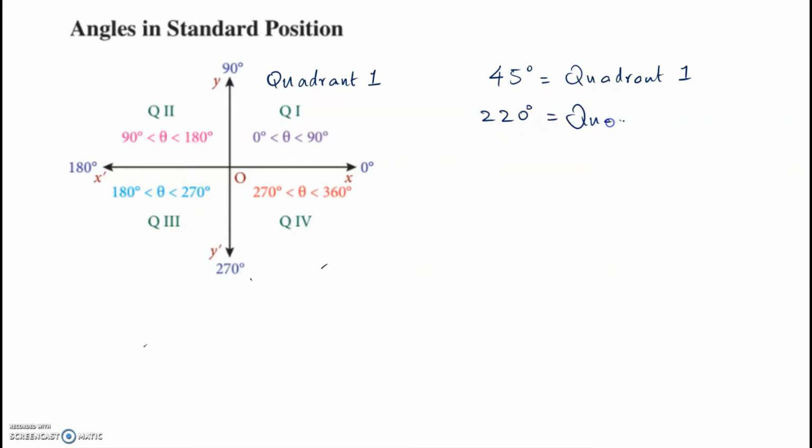So it's quadrant 3. You can write it like this. Now, if I tell you 330 degrees, which quadrant is it in? It's in the fourth quadrant. You're right. Quadrant 4. So this gives you a short introduction to locating an angle in its right quadrant.